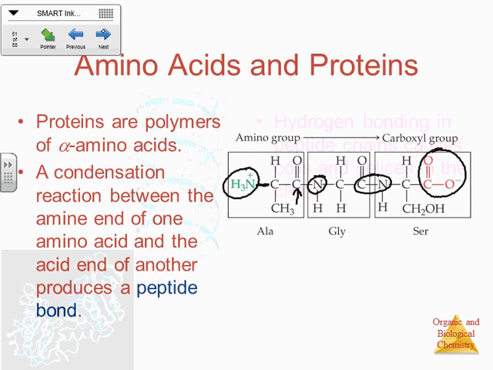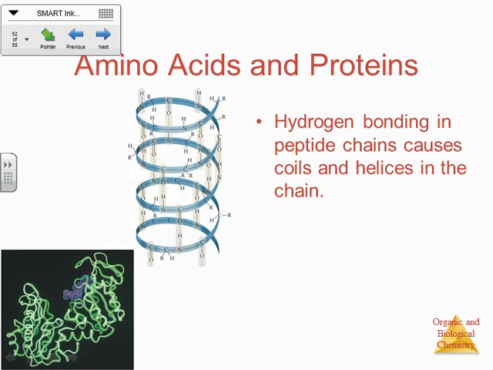These are obviously very important in the body. These peptide chains start to loop around themselves. You have carboxylic acid groups on the ends of these things, and amine groups on the other ends.